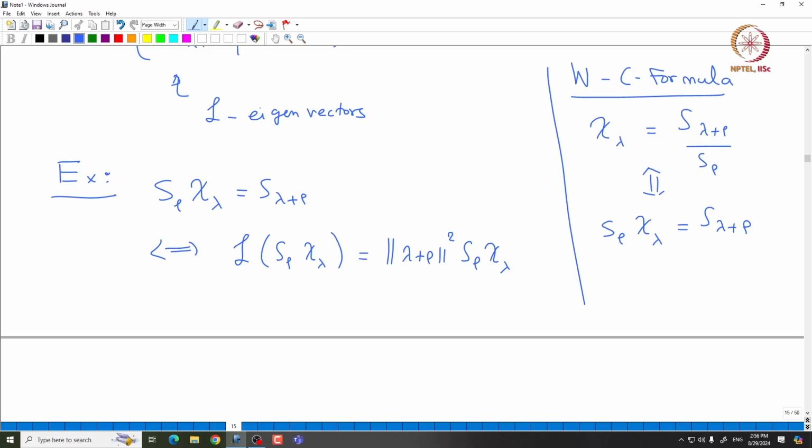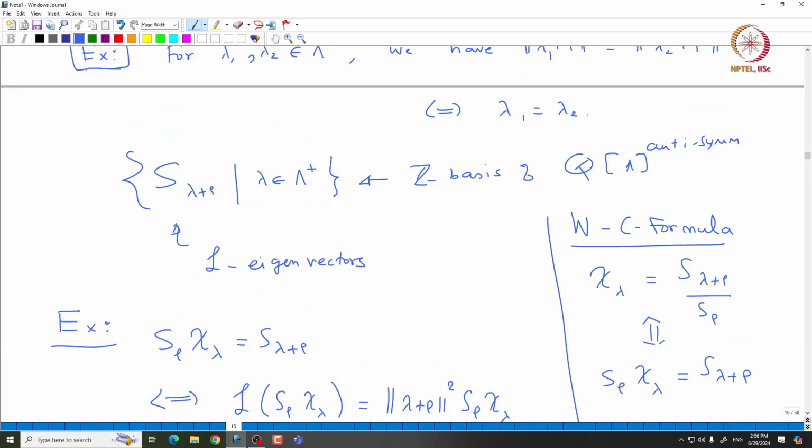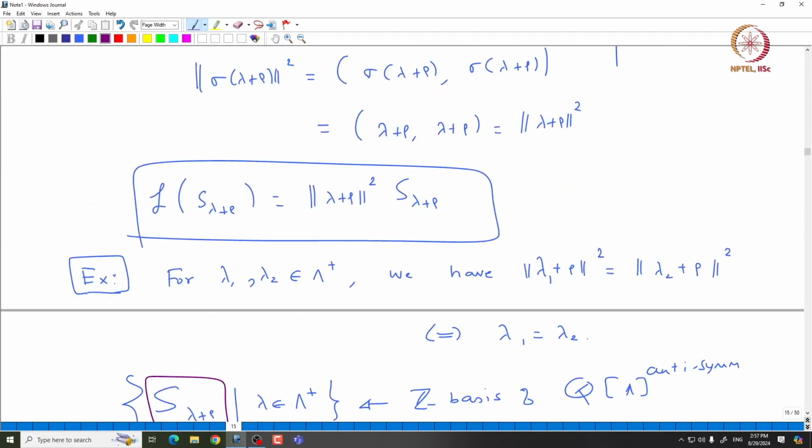So, that forces S_ρ χ_λ to be the same as S_{λ+ρ}. This is a simple observation that comes from the fact that these S_{λ+ρ} are all Laplacian eigenvectors and they form a basis for the antisymmetric elements of this ℚ-bracket λ.